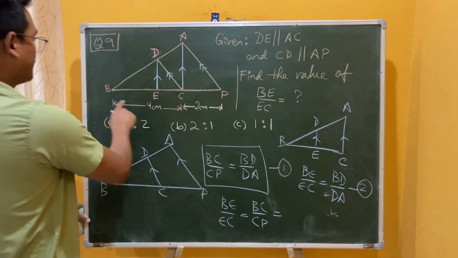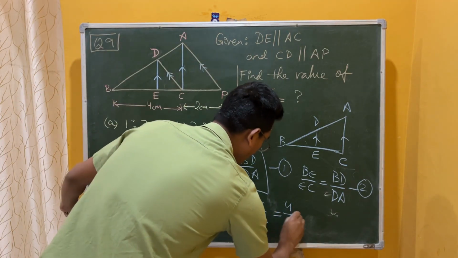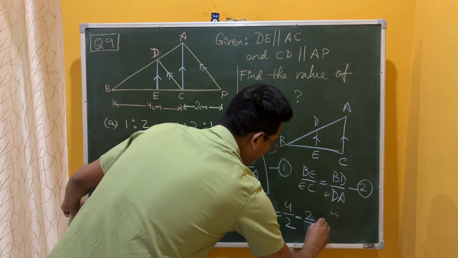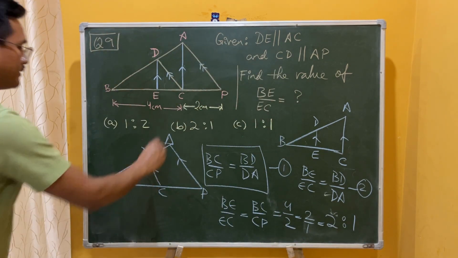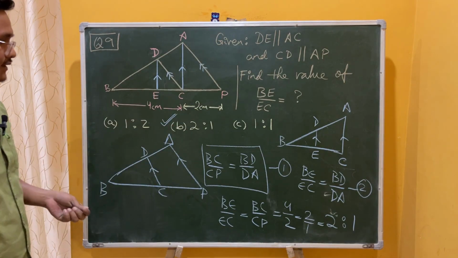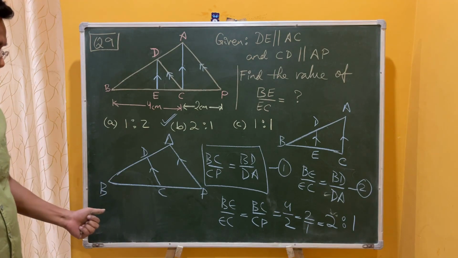We know BC is 4 and CP is 2, so it is 2 upon 1, which is 2:1. So this is the answer. This is how we break the figures and get the solution.